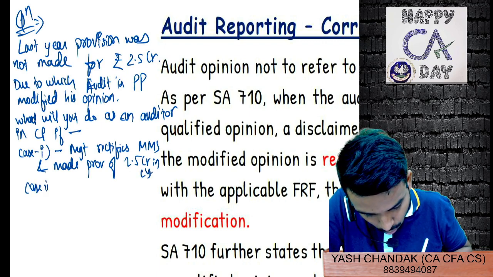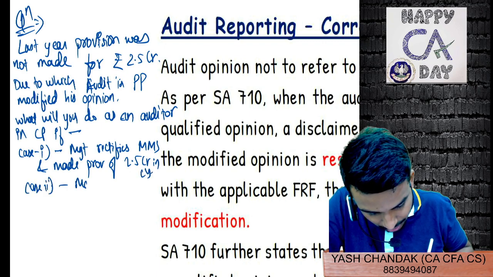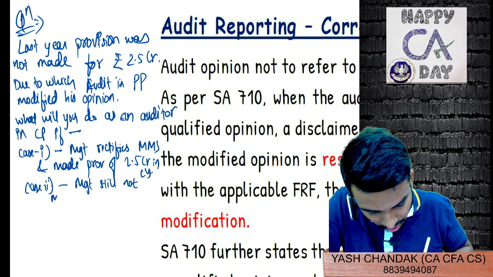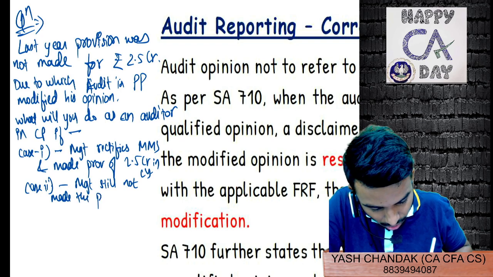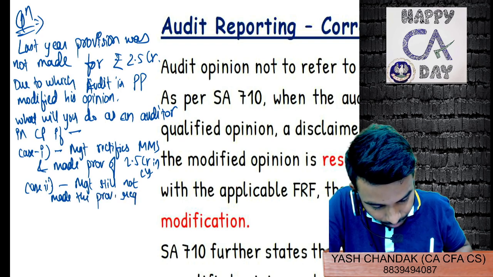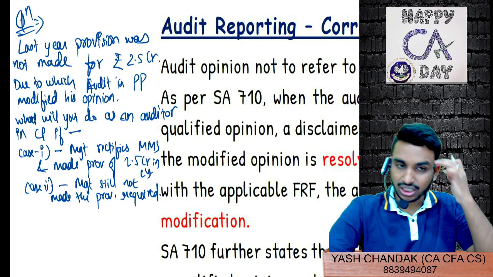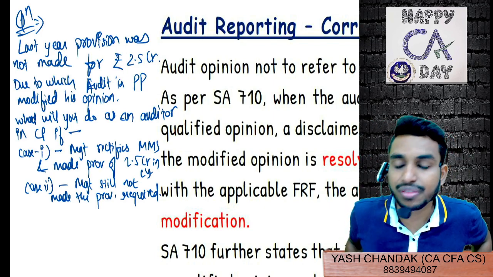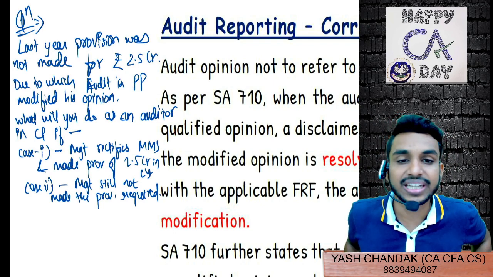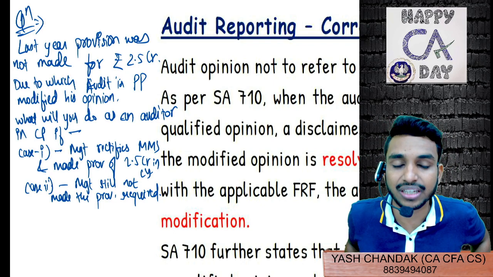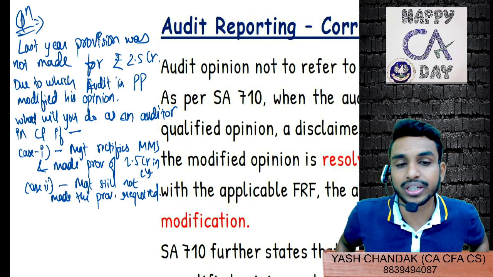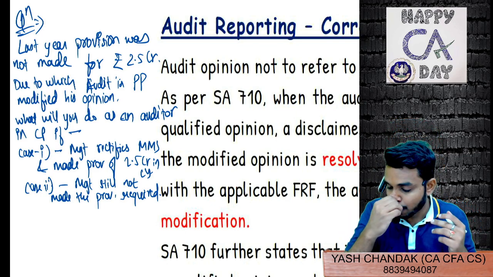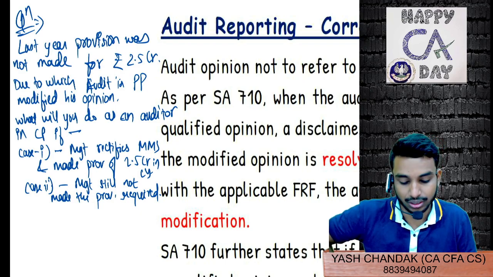Case 2: management still has not made the provision required. Getting the question that last year they have made a modification in the opinion paragraph because of certain material misstatement. Now in the current year management has not made the rectification, then what will you do as an auditor? And if the management has rectified this MMS, then what will you do as an auditor?